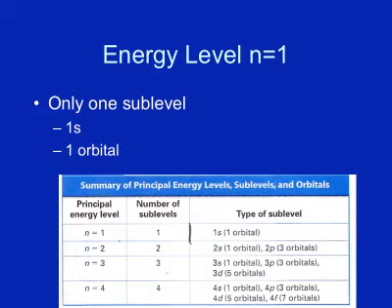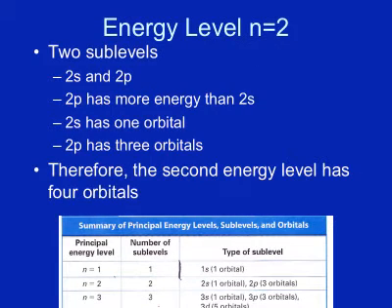So do I need very many orbitals? No, because I haven't told you this yet, but one orbital can hold 2 electrons. So how many orbitals do I need to hold 2 electrons? 1. So that's why in the first energy level we only have the 1s sublevel, which means we only have 1 orbital, right?